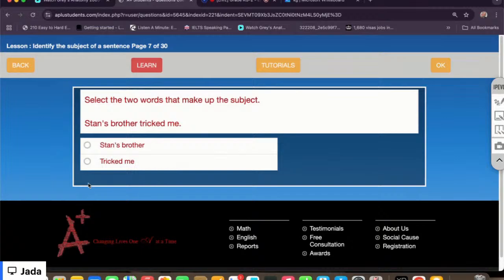So we have select the two words that make up the subject. Stan's brother tricked me.